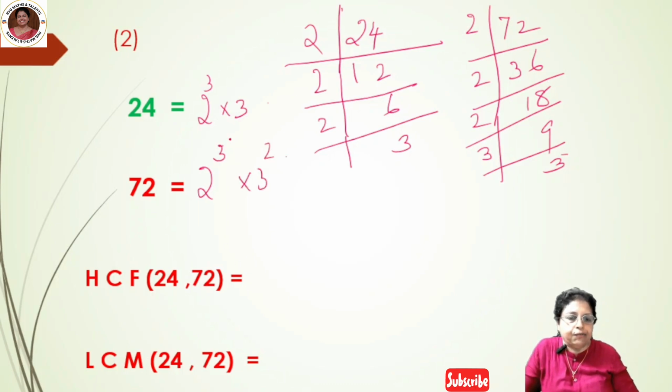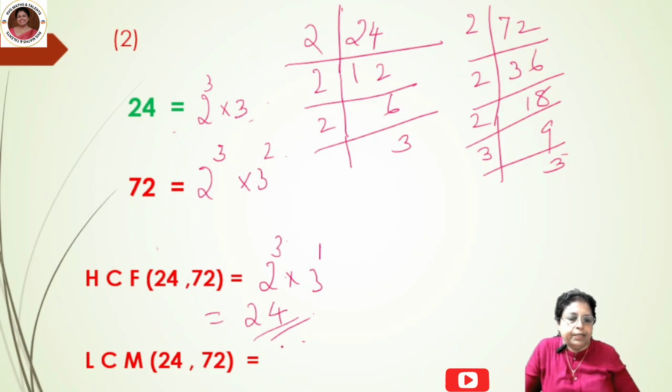So what is HCF here? HCF is, see, common factors. 2 and 3 are common factors. Then take the least power. In the case of 2 it is 3, and in the case of 3 it is 1. So this is 2 cube is 8, 8 3s are 24. So 24 is the HCF here. Then what is LCM?